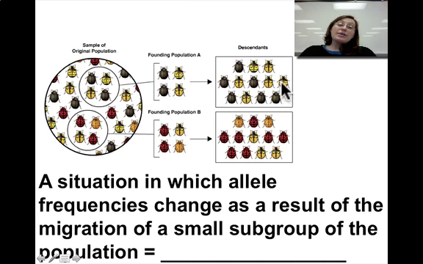Now when we look at descendants and go through generation after generation, we're going to have a change in the allele frequency compared to the original population. These individuals were sort of randomly selected, but because they were so small, they weren't a representative from each of the different types in the original population, and therefore their allele frequencies will be different. Same thing for population B. Again, this affects small populations that are migrating to new habitats.